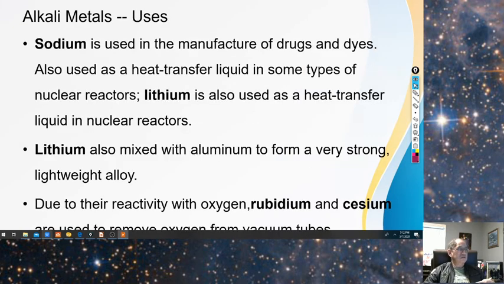Let's see. Uses for sodium. Uses for lithium.